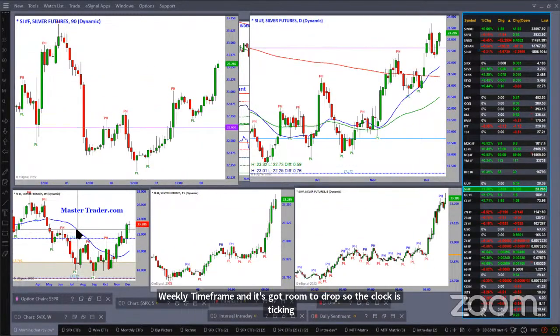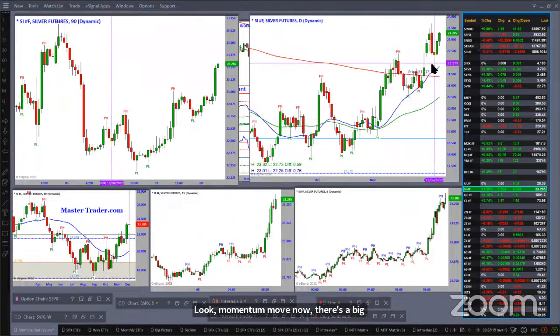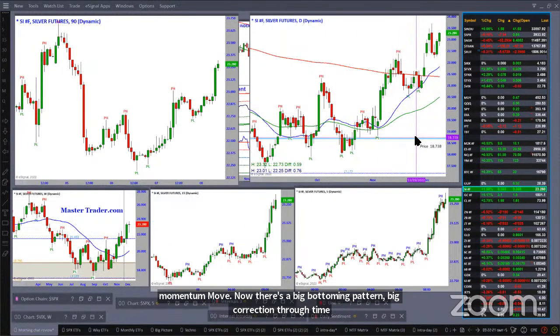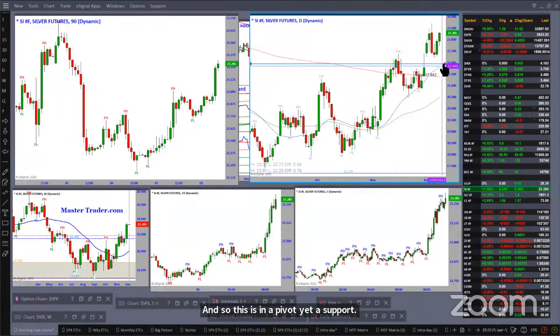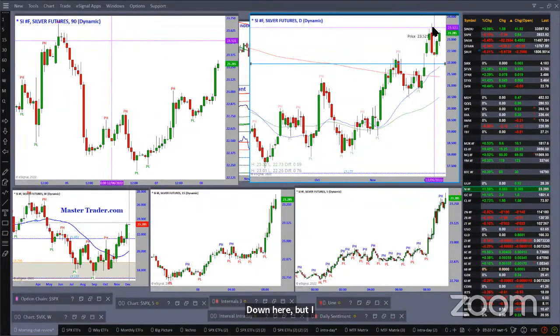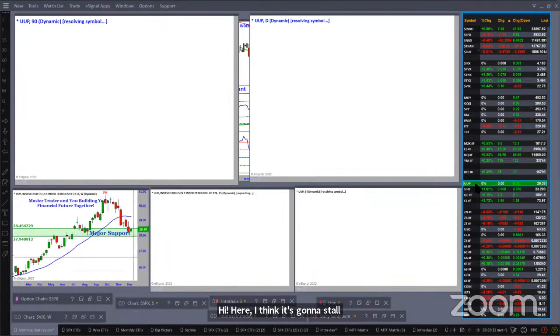Silver still looks good. That cleared that pivot, and this is a void. Look, momentum move. Now there's a big bottoming pattern, big correction through time. And so this isn't a pivot yet. There's support down here. But ideally, this is so close to this high here. I think it's going to stall, and you've got to keep an eye on what the dollar's doing.